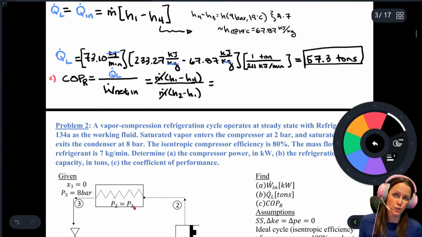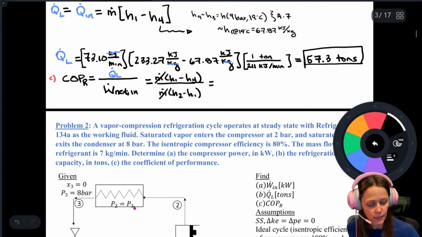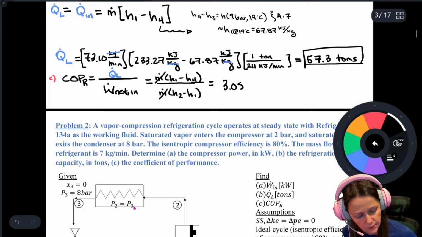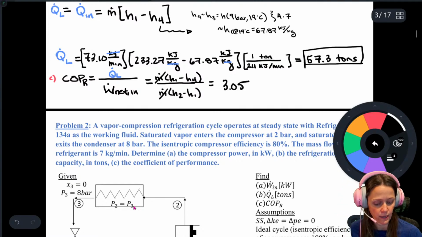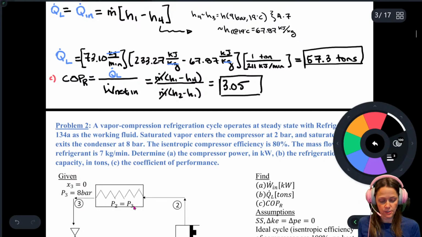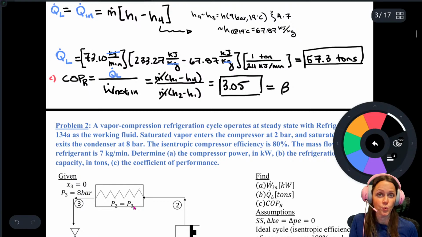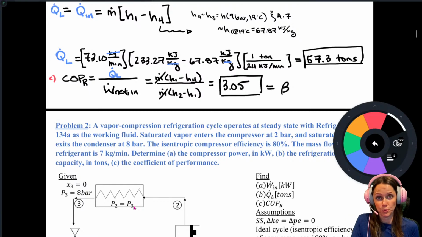And so I won't have any unit conversions to do. I've just got the enthalpy values, and I've got all of those values. And this ends up being 3.05. So it's a number. It's not a percentage or anything like that. It's just a number. Sometimes you'll see this written as beta. I think that's the way that your book writes it. I'm in the habit of just writing COP subscript R, but either one is fine.